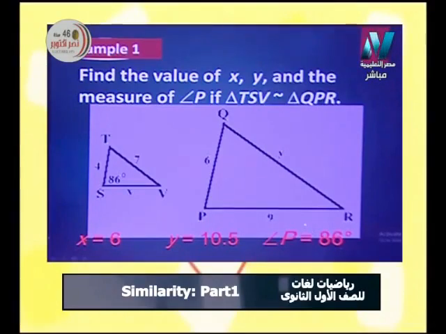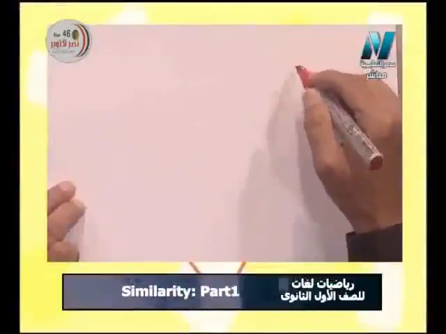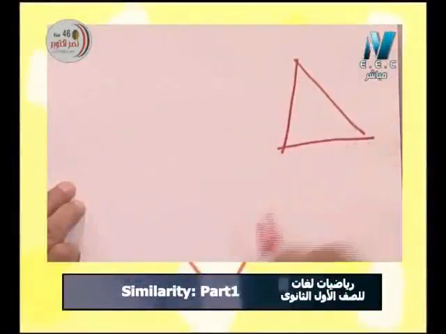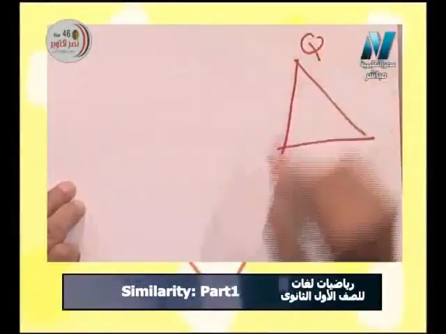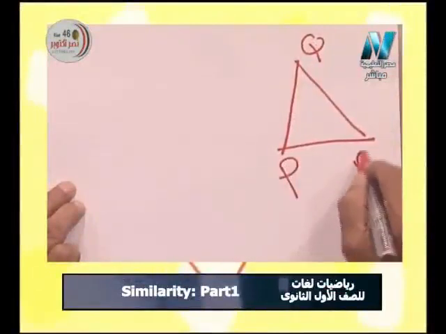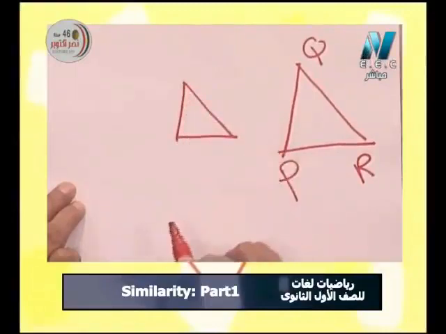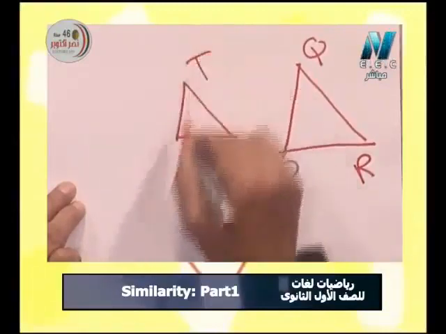And x equals 6 centimeters. Let's explain it here. We have the two triangles. This one is QPR, and the smallest one is TSV.